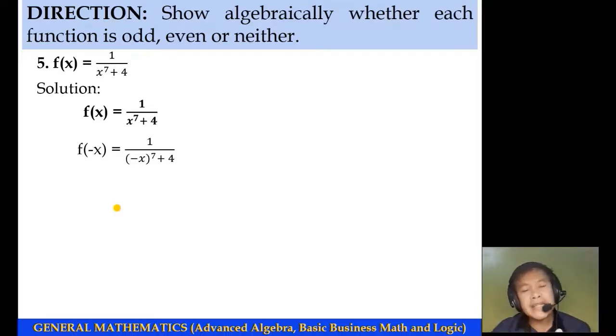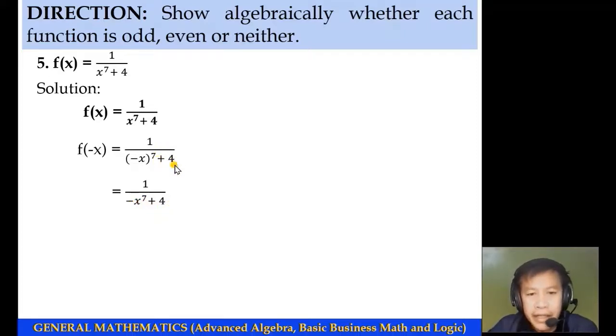Then positive x raised to 4 times negative x is equal to negative x raised to 5. Then negative x raised to 5 times negative x is equal to positive x raised to 6. Then positive x raised to 6 times negative x is equal to negative x raised to 7, plus 4, because we have the constant term here in the denominator of our rational expression.